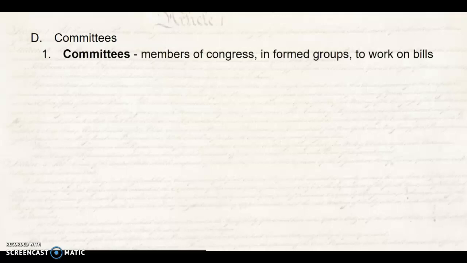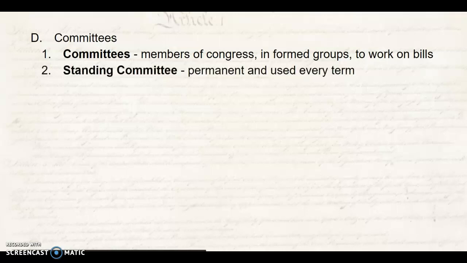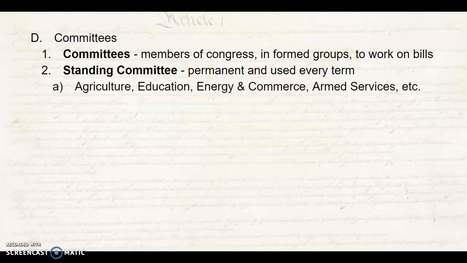Committees. Committees feature members of Congress in formed groups to work on bills. A standing committee is permanent and is used every term. Some examples of these are agriculture, education, energy and commerce, armed services, things that are always needed.